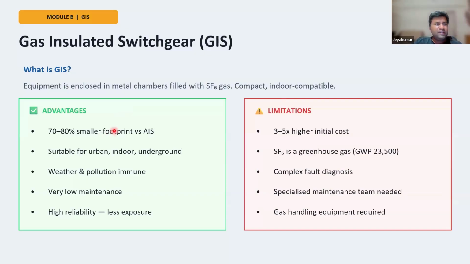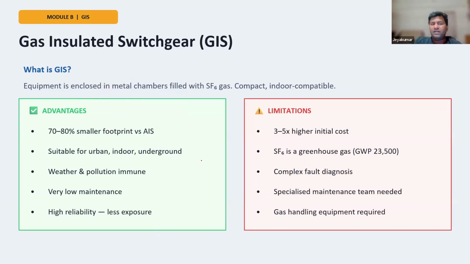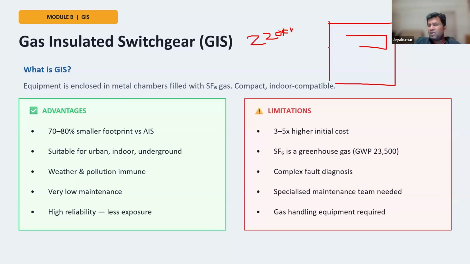This can be outdoor as well, but mostly it will be indoor. So what happens when it comes to GIS? The major advantage is you will have very little space requirement. Even for a 220 kV substation, you need just a small footprint.